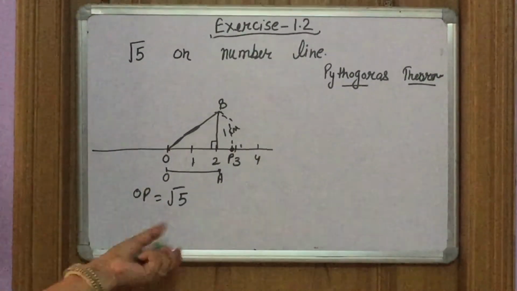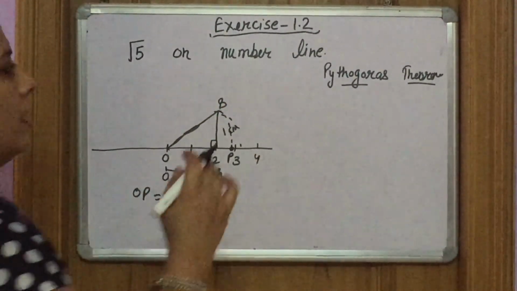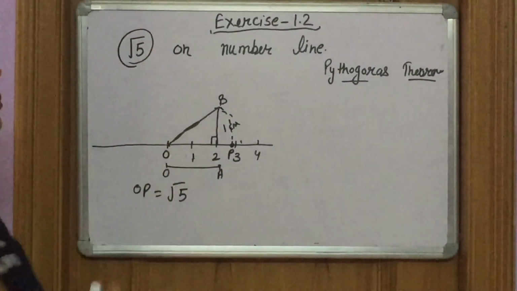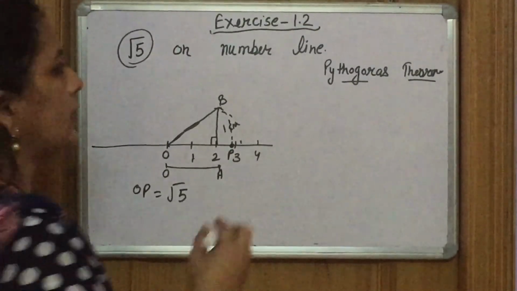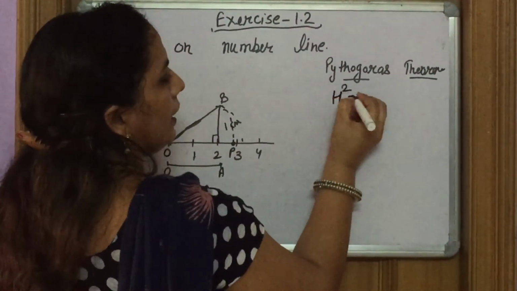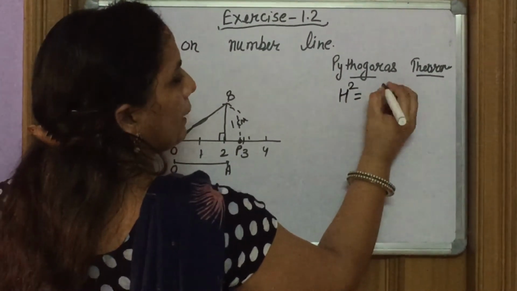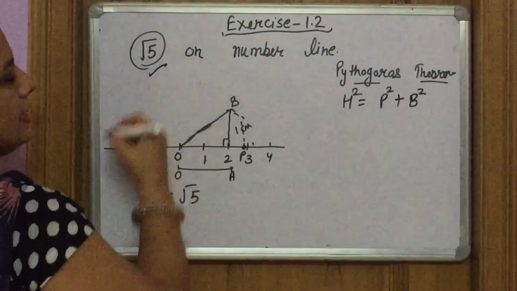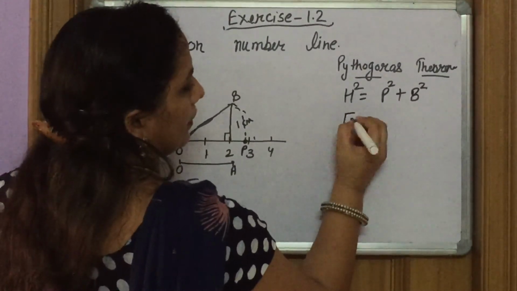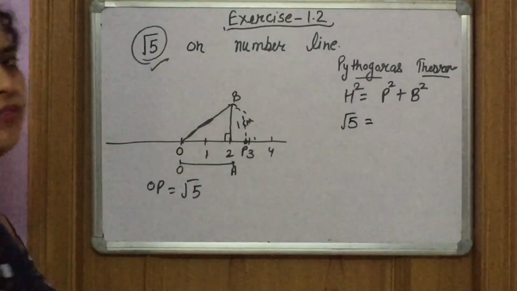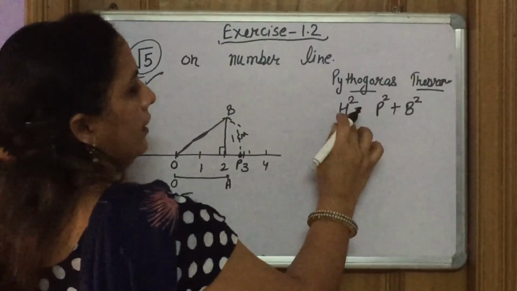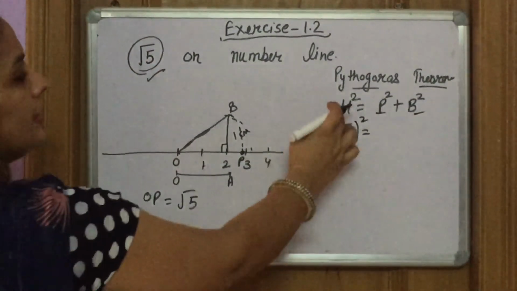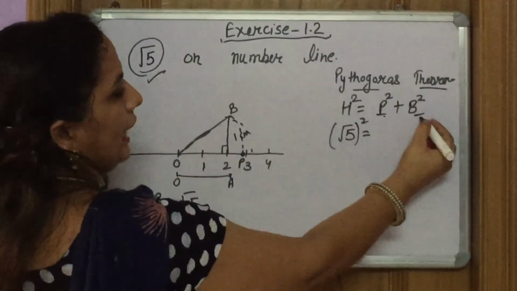We will check our question by the Pythagoras theorem. In the Pythagoras theorem, we take this as the hypotenuse. As you know, in the Pythagoras theorem, hypotenuse square is equal to perpendicular square plus base square. Consider square root of 5 as the hypotenuse, and the perpendicular and base.